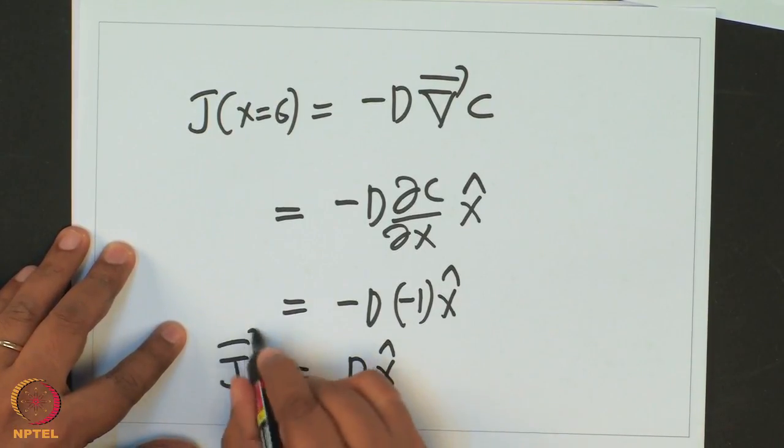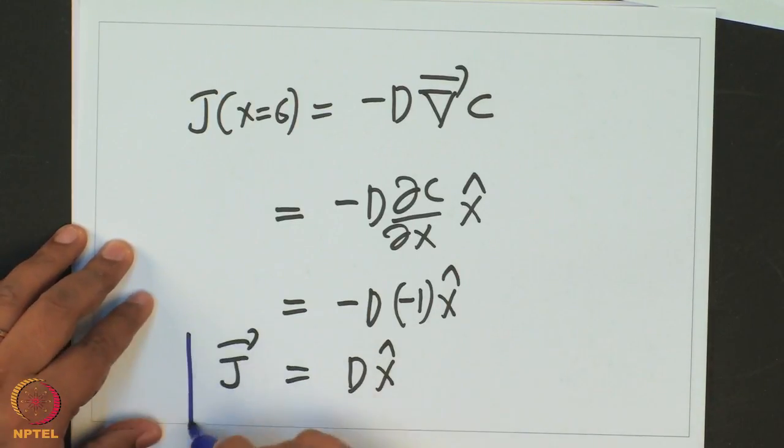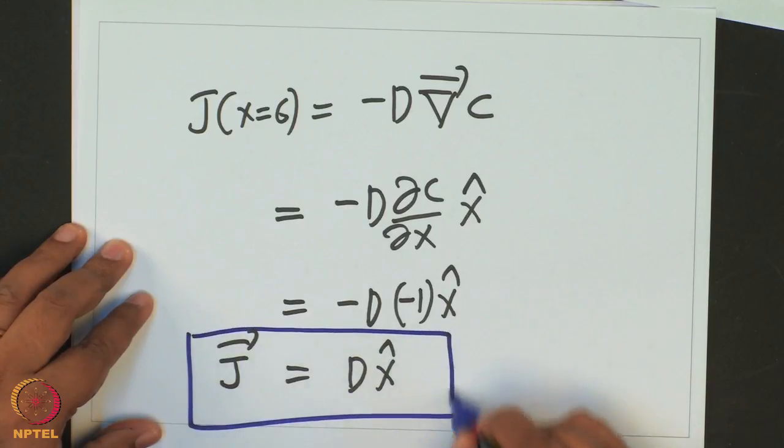So the flow at x equal to 6 is D x cap, where D is a positive constant.